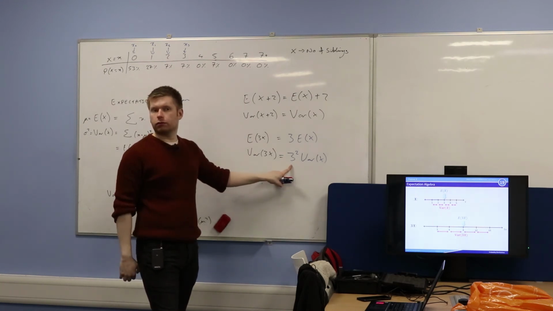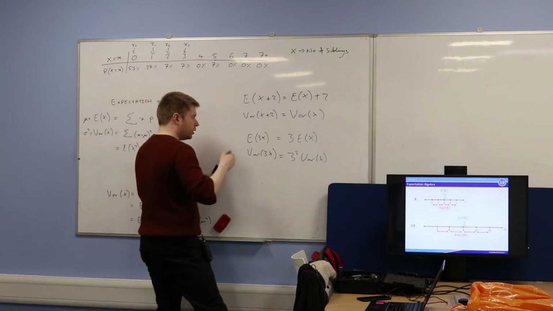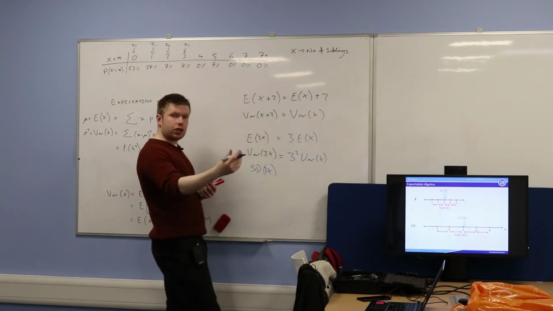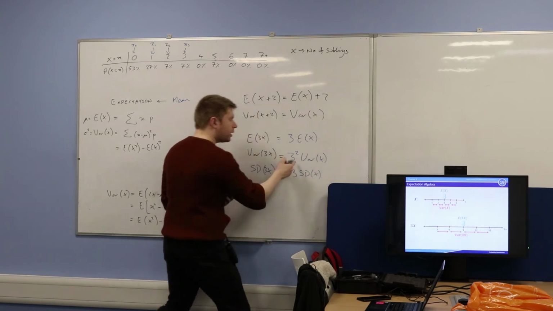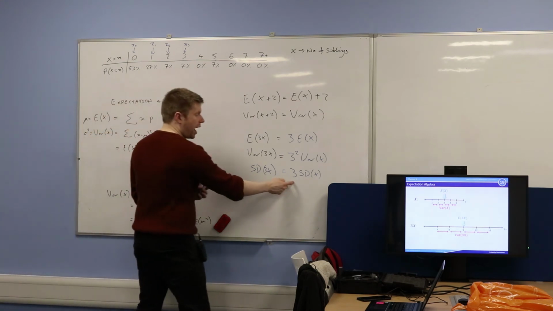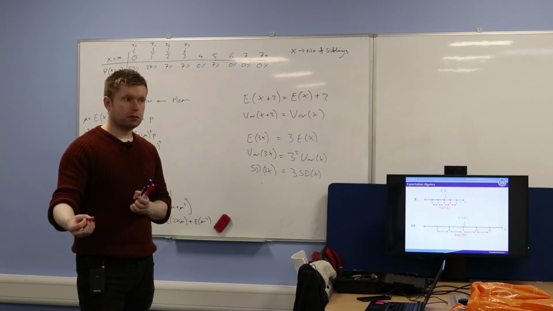So 3 is also squared. Exactly. If I wanted the standard deviation of 3x, that would be 3 times the standard deviation of the old x. But because variance is the square of standard deviation, the spread is also going to be squared as well. Does that make sense?